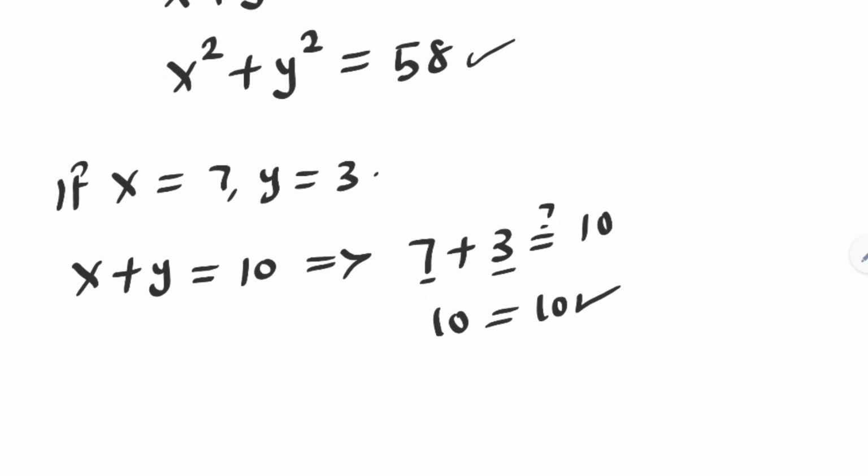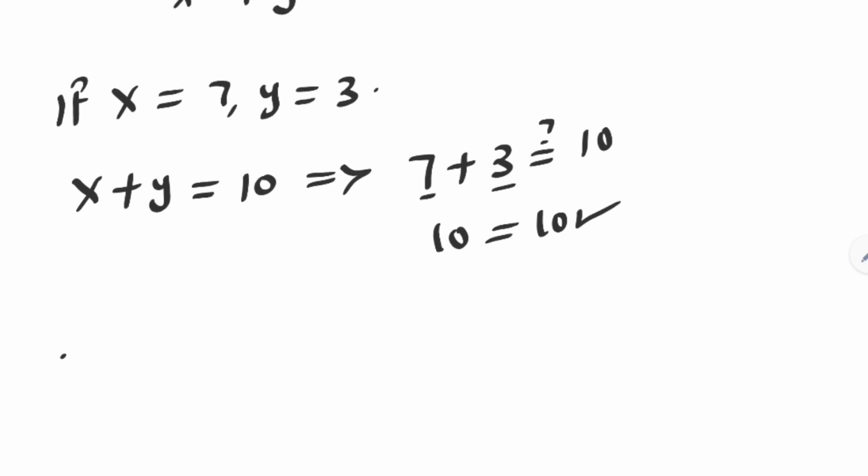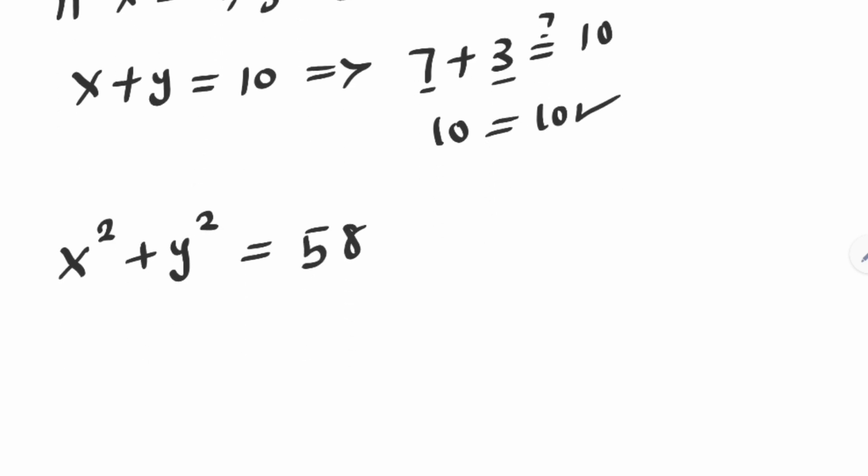Let us consider this. x square plus y square is equal to 58. This can be written as 7 square plus 3 square must be equal to 58.